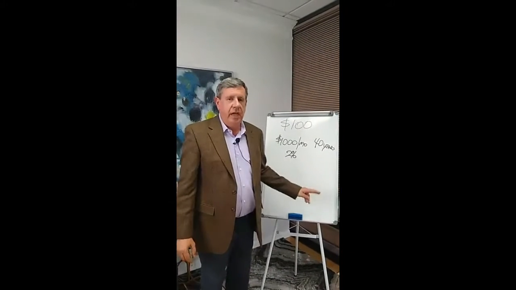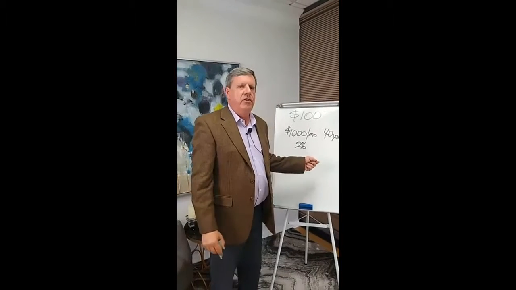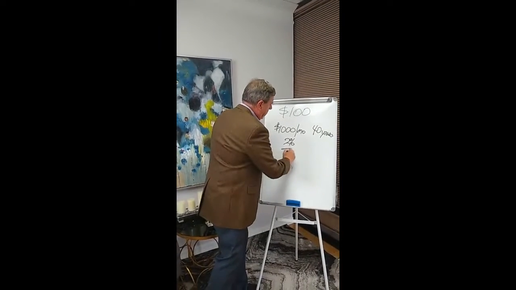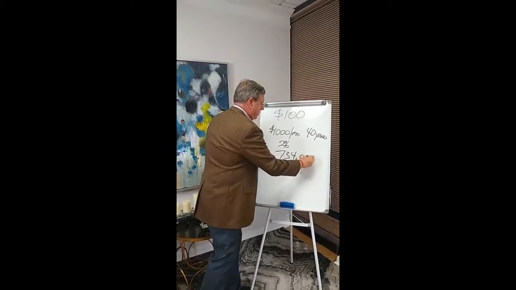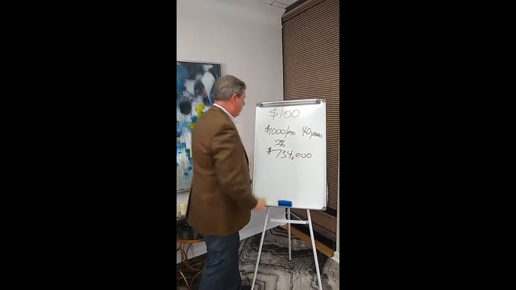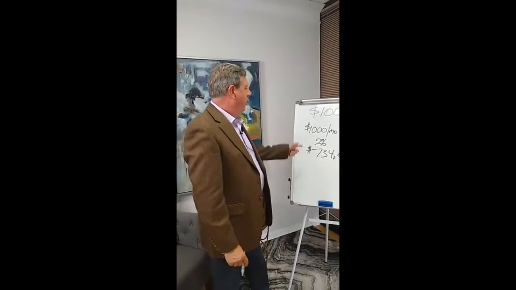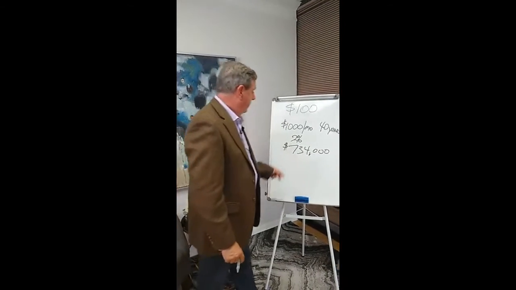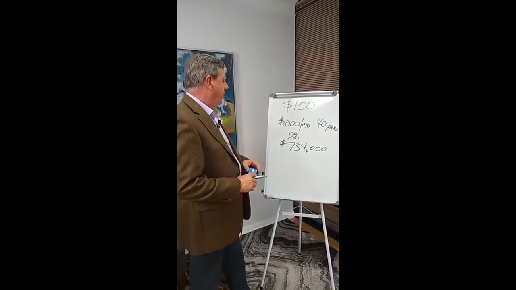I'm not sure you can get a 2% interest rate guaranteed right now, but let's just say that you could. At the end of the period, you'd have $734,000. And you're going to have to take my word for that, or you can do the math at home. Check me. $734,000 is a big number, but it's not a gigantic number.